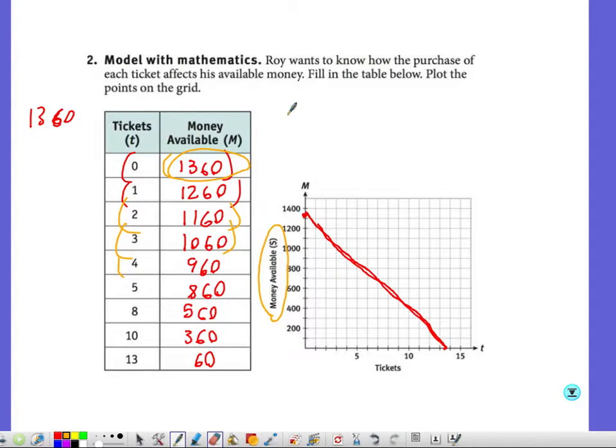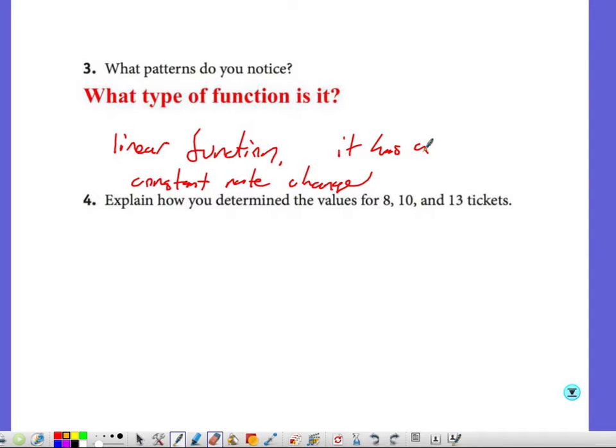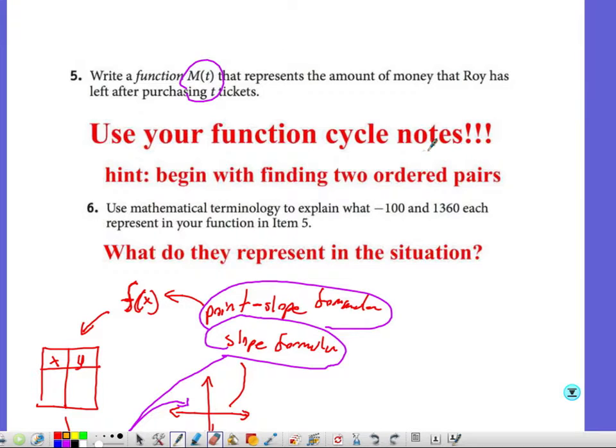So when Roy buys 0 tickets, he has $1,360. So that is what the y-intercept represents in the given situation. Okay, so that was really important to answer number 6.